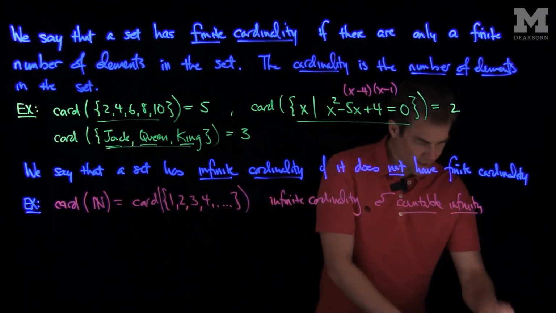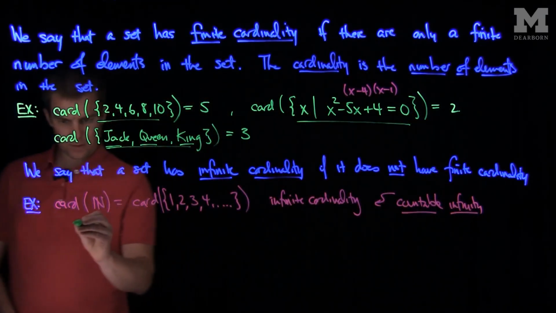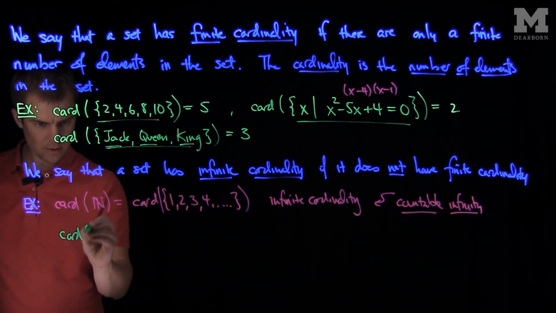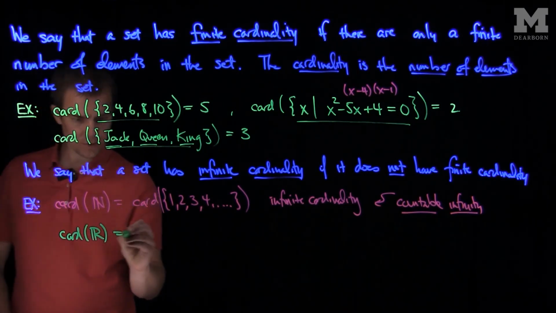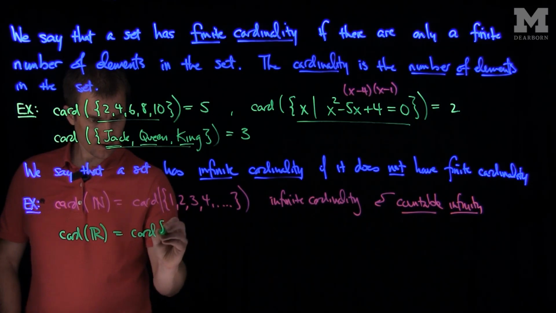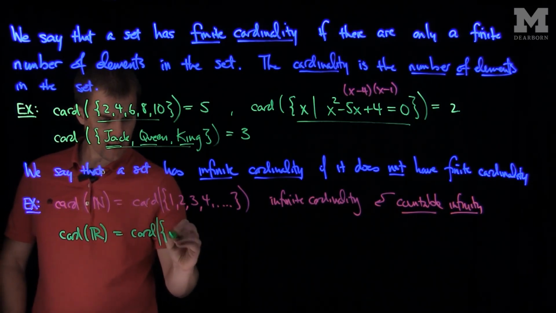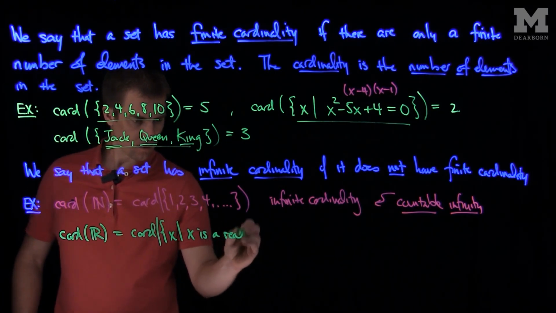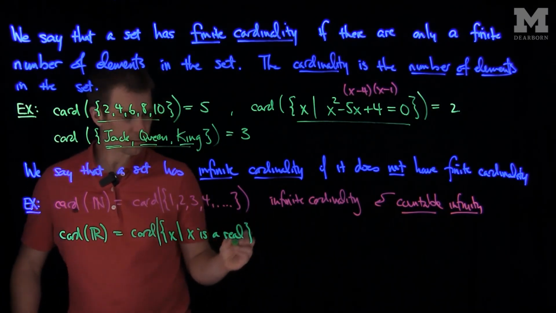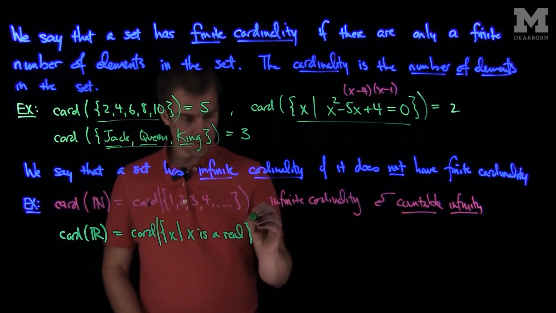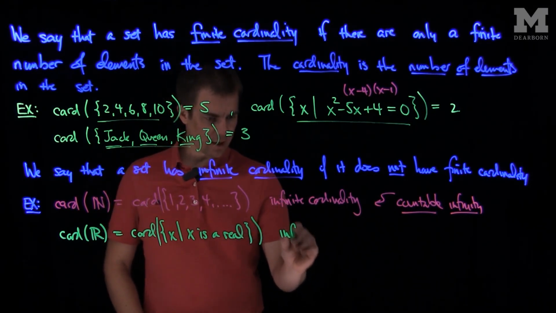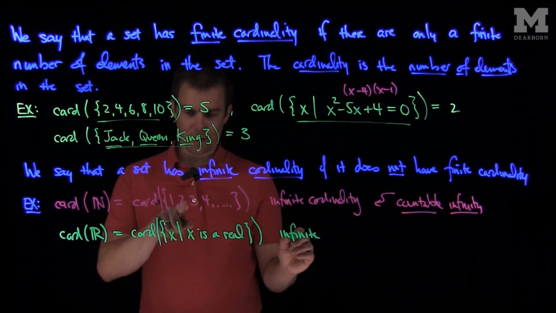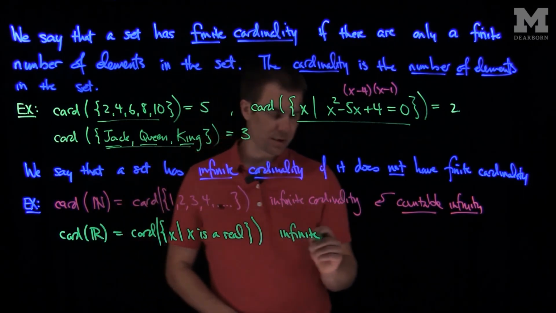Whereas we can consider the set of real numbers, the cardinality of R, which is the cardinality of the set of all x such that x is a real number. And this is also infinite cardinality because, in particular, all the real numbers contain all the counting numbers, or the natural numbers.